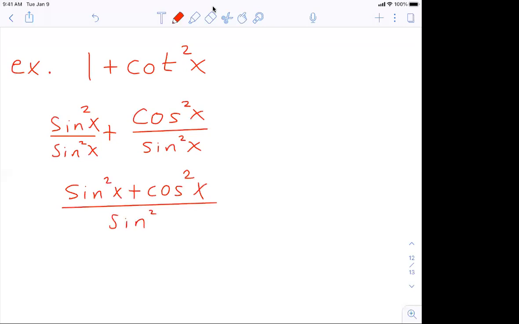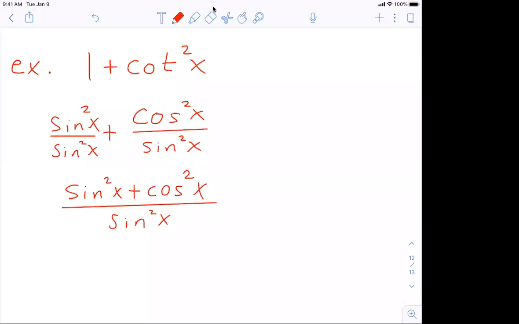Wait, I don't understand why you would use cosine over sine. Why would we do that here? No, the first step. Yeah, okay. So I changed cotangent into that. So we always want to write it in terms of sines and cosines.